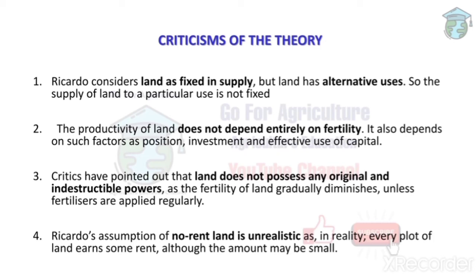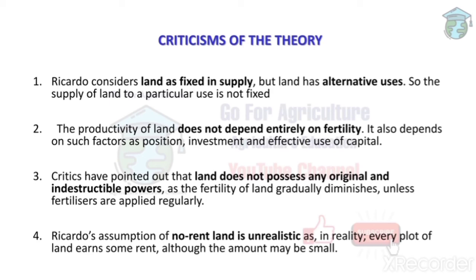So as you start using the fertilizers, land की fertility decrease होगी, मतलब soil fertility. So if the soil fertility decreases, demand for the land also decreases, है ना. So this is the third criticism. Okay, so Ricardo says that land possesses original and indestructible powers, a magical power, but the truth is land is destructible.